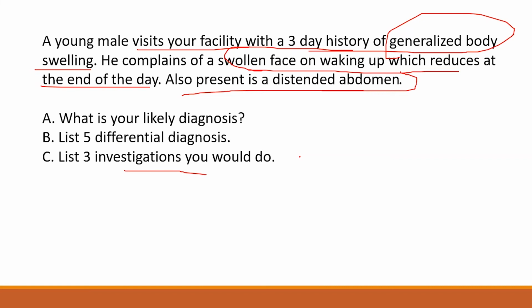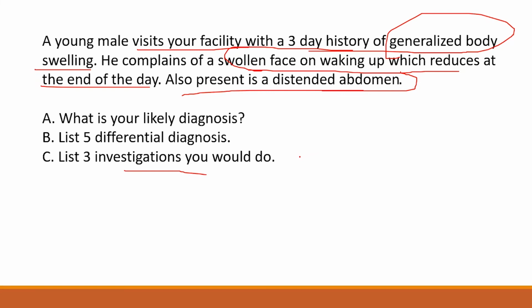You can do BUE creatinine. Then with the liver, you can do the liver function test. You can do a chest X-ray. You can also do a 24-hour urine protein. I forgot that. 24-hour urine protein, which could be more than 3 grams.